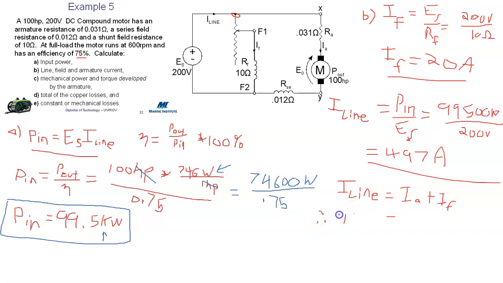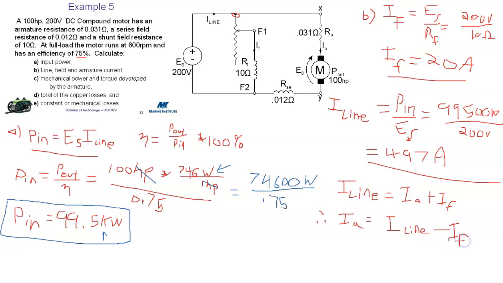Therefore IA equals I line subtract IF, the difference between the two.